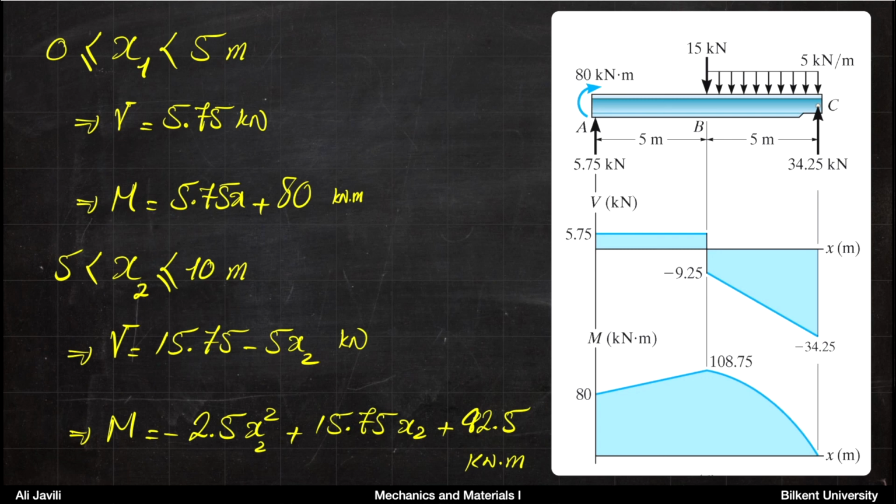If you draw the diagrams according to the functions you have, you get these. So again, you can see that shear force is constant from A to B. Then you have a jump at point B. The jump would be exactly 15 kilonewton. So the distance, let's say from 5.75 to minus 9.25 would be exactly 15.